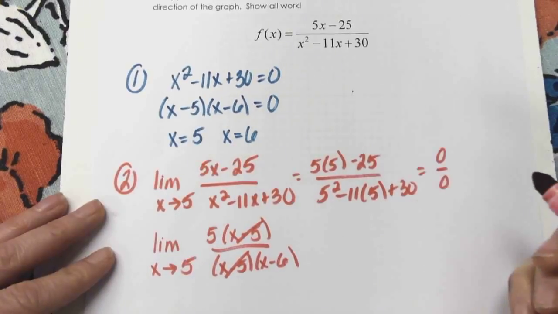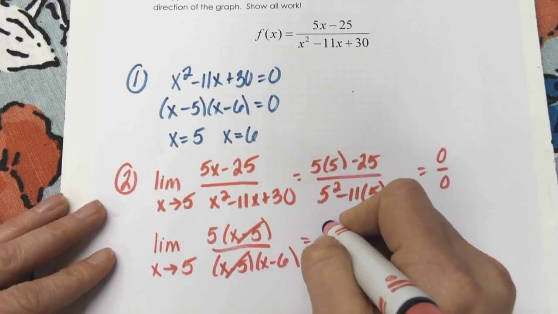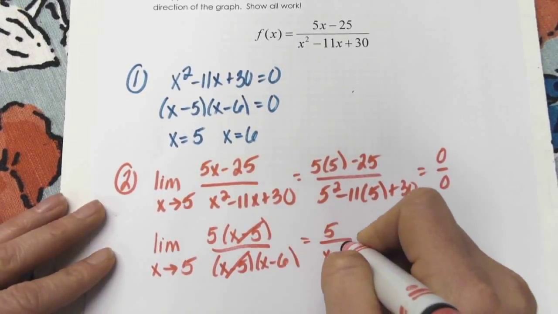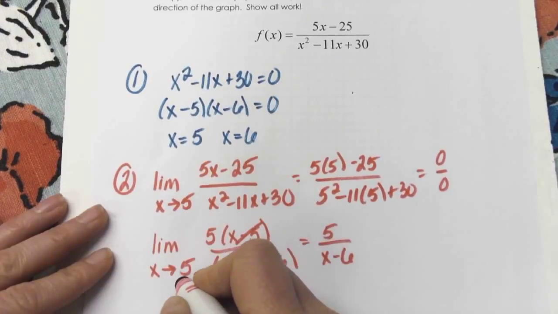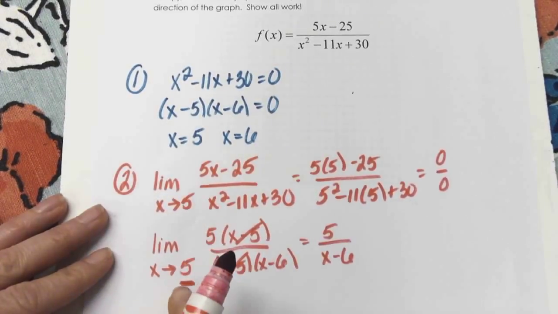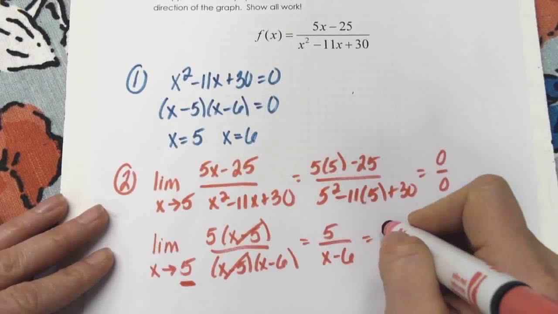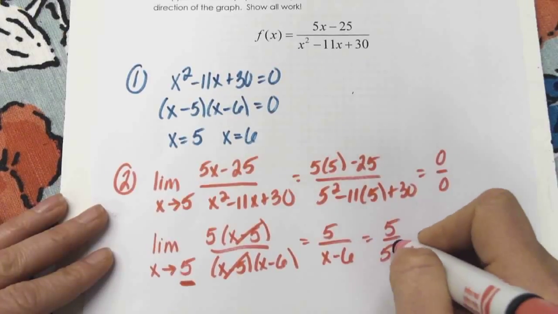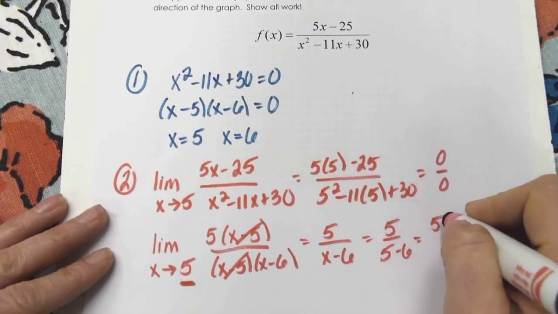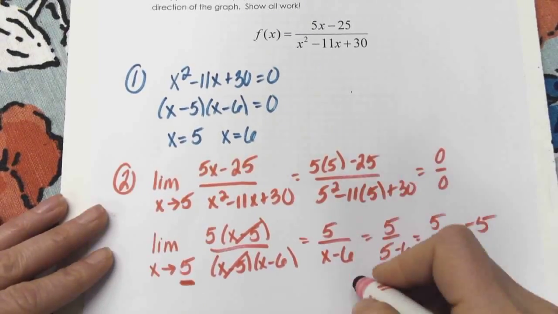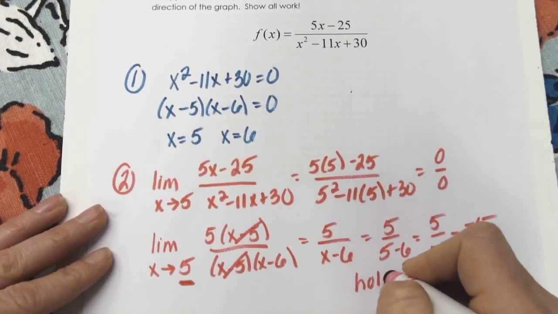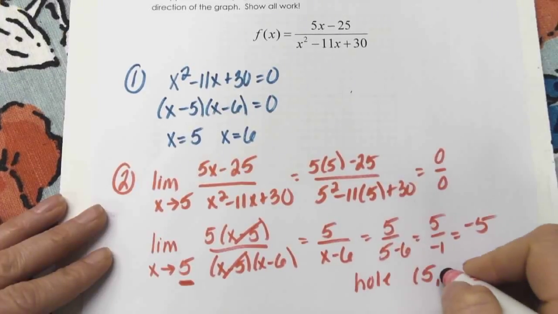Cancel out the common factors, and I'm left with a simplified version of the rational expression as 5 over x minus 6. Then I'm going to plug in a 5 for the x. So I have 5 over 5 minus 6. 5 over negative 1 gives me negative 5. This means that I have a hole at 5, negative 5.